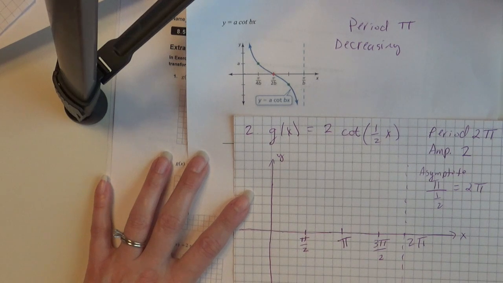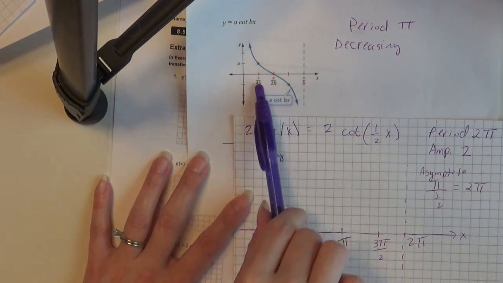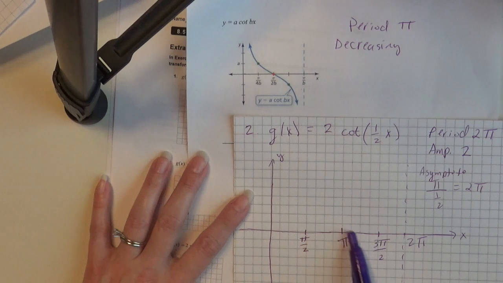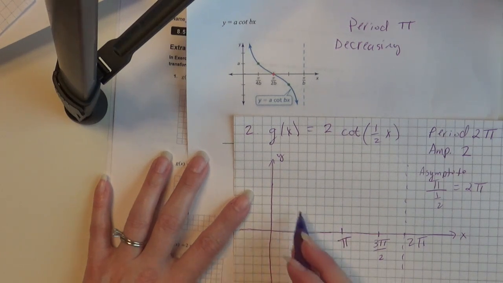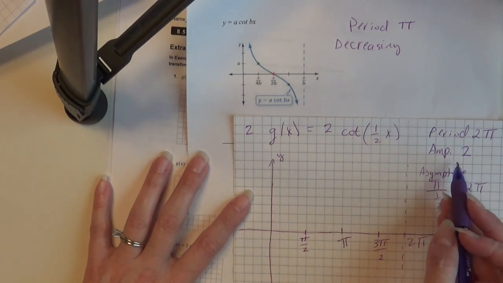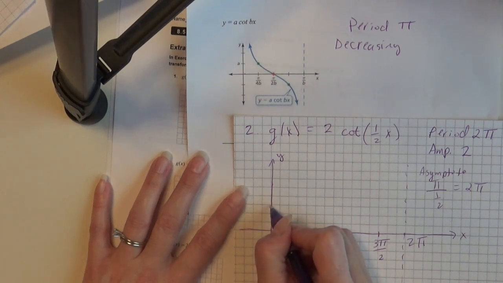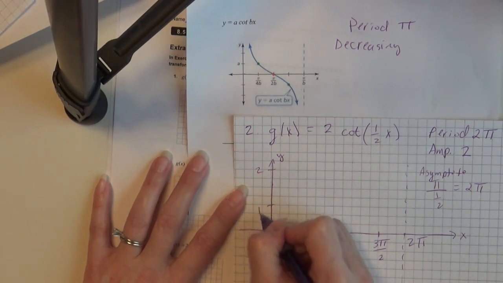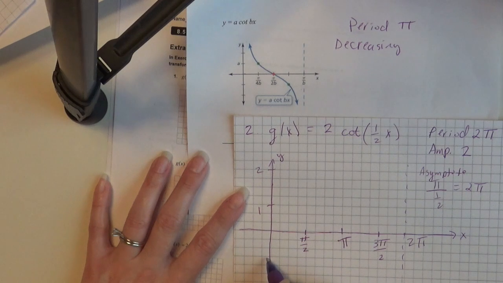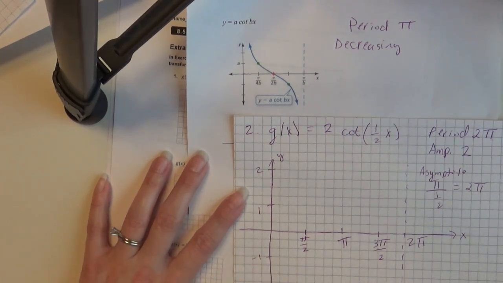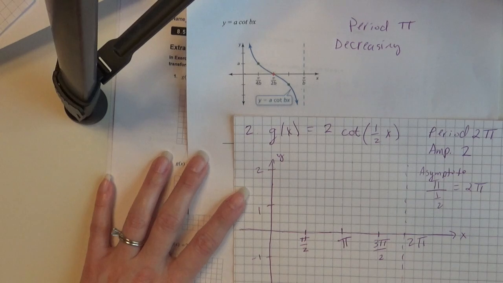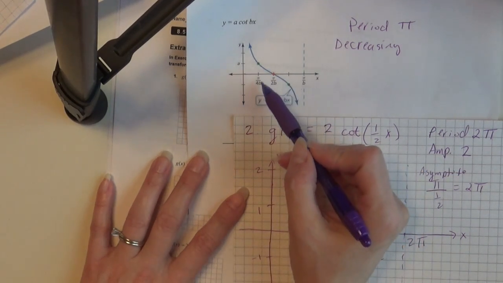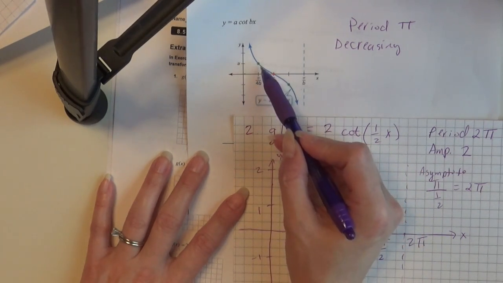Okay, we know it's going to be shaped just like the parent function, so it's going to be coming down like this. We can find some points on here. We need to include our amplitude. We have amplitude of 2, so put that in. And we can find points on our graph by doing pi over 4b comma a.